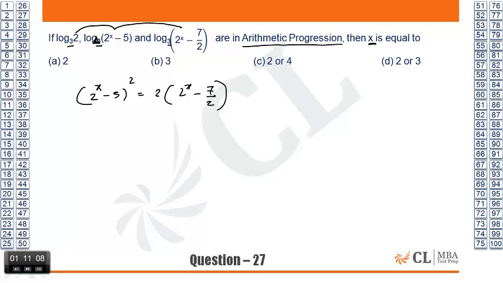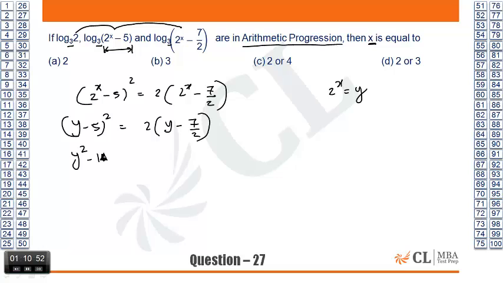What is the value of x? Because sometimes what they do is this cannot be negative and all. So you'll have to be careful. Let's make it simpler. Let's call 2 raised to x equal to y. This will become y minus 5 the whole square equals 2 into y minus 7 by 2. Y square minus 10y plus 25 equals 2y minus 7.